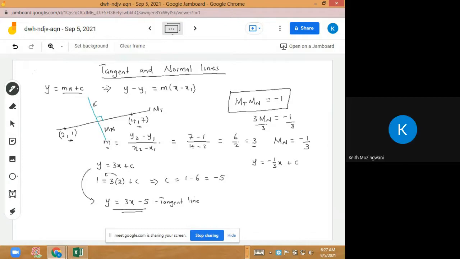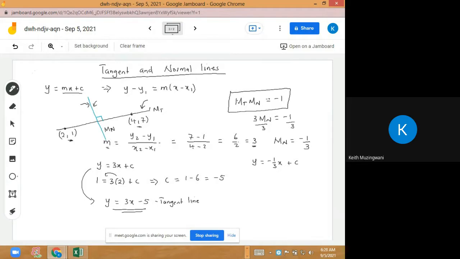Can you repeat the equation? mt mn is equal to -1. The one we are calling mt is the gradient of the tangent line. The one we are calling mn is the gradient of the normal line.